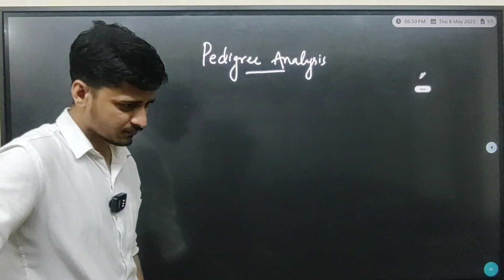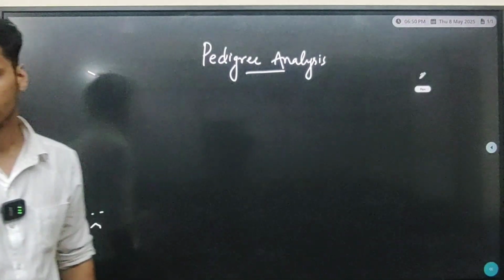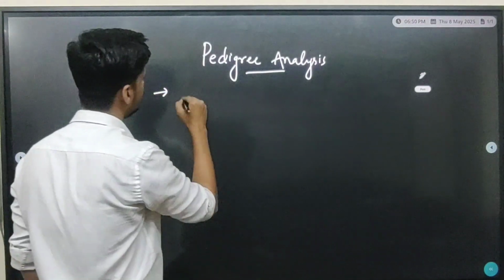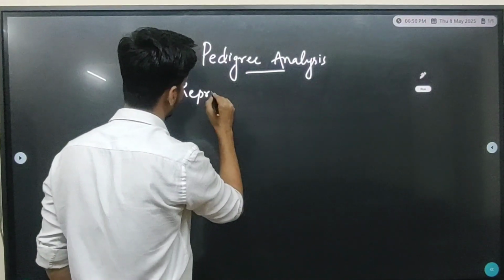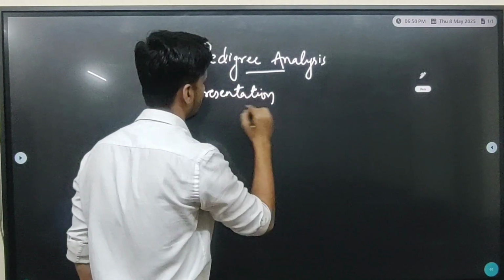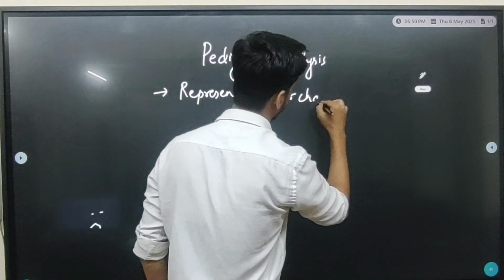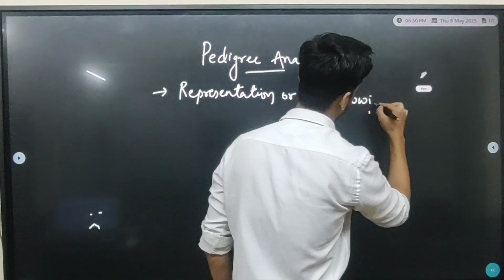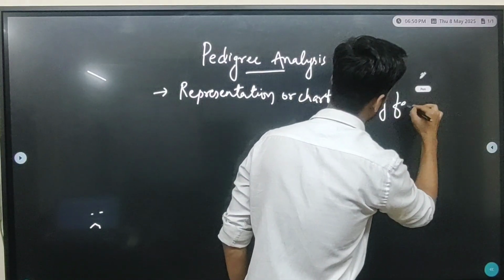So pedigree is a representation or chart showing family history.